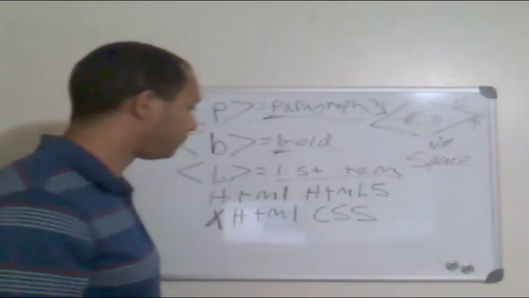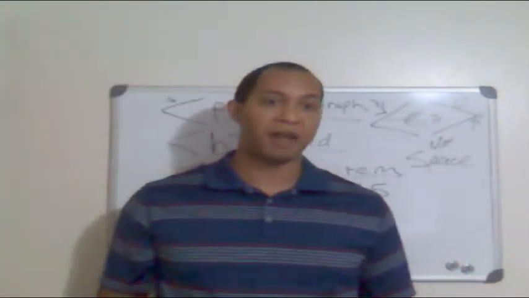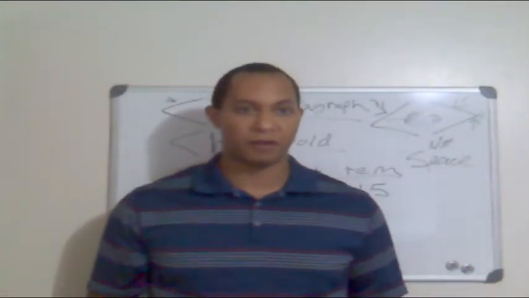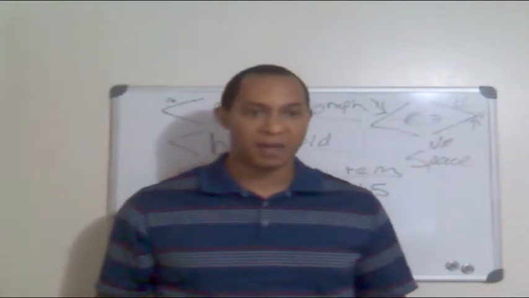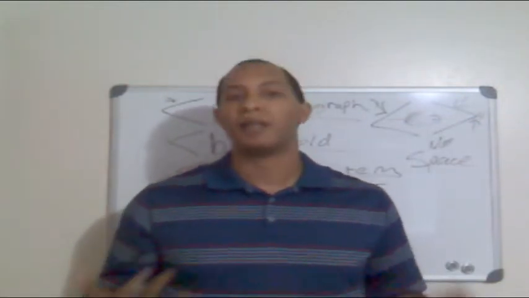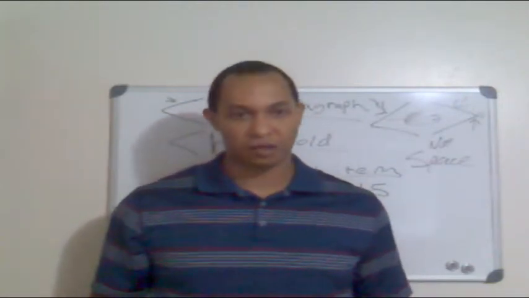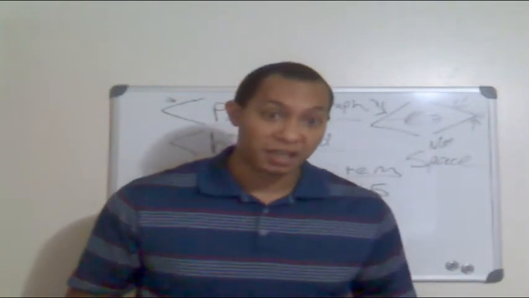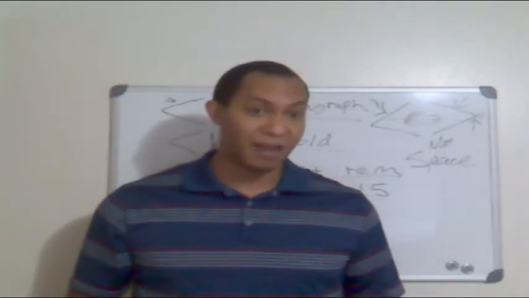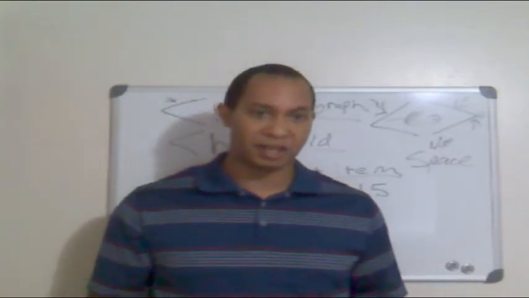Now, I know there are also a lot of questions out there about the different kinds of HTML coding. Like you hear about HTML5, XHTML, CSS. Well, let's go over this right now. All of it is based off the same construct. It's all HTML coding. HTML, XHTML, and HTML5 are just later versions of HTML coding.